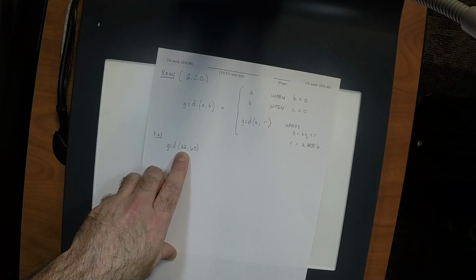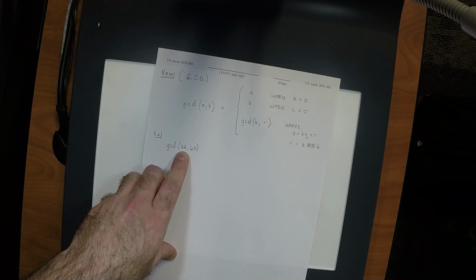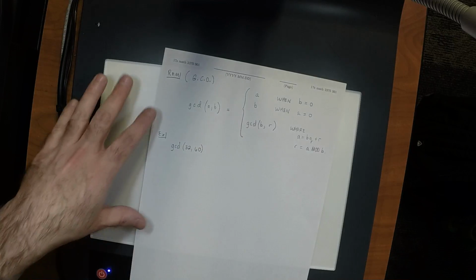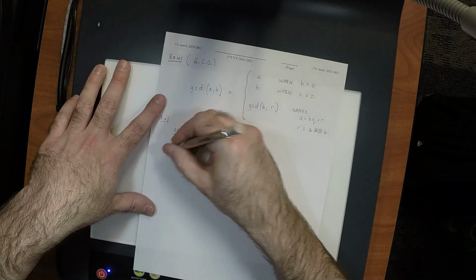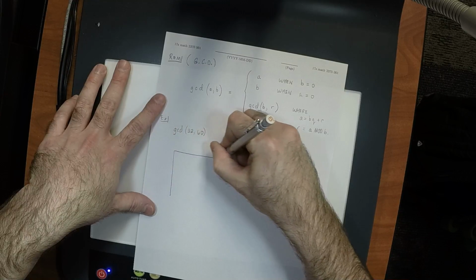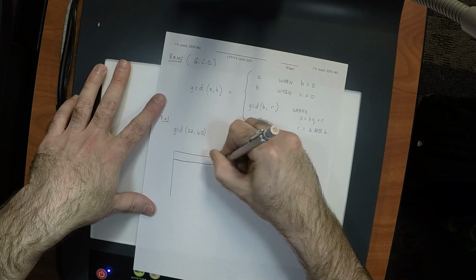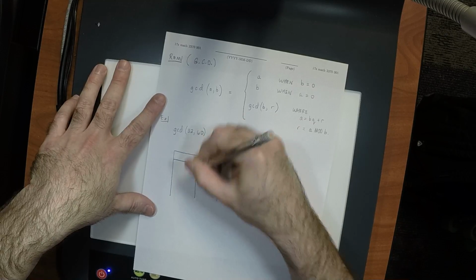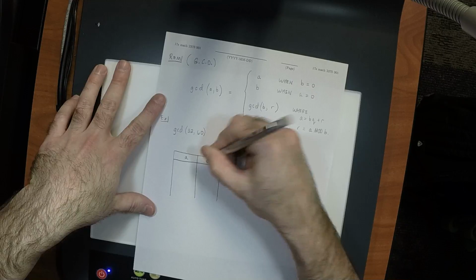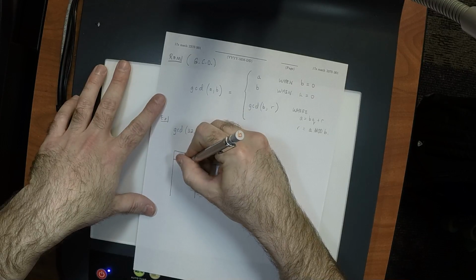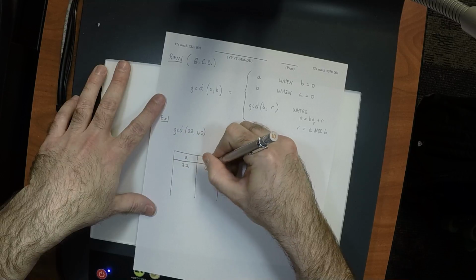That's all working it in your head. Now let's ignore that entirely, and let's use the definition. So, GCD. When we enter this procedure, we have 32 and 60.